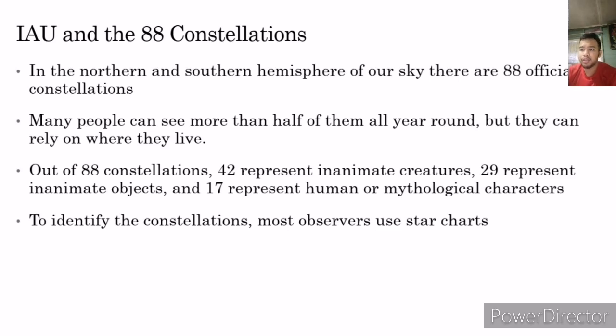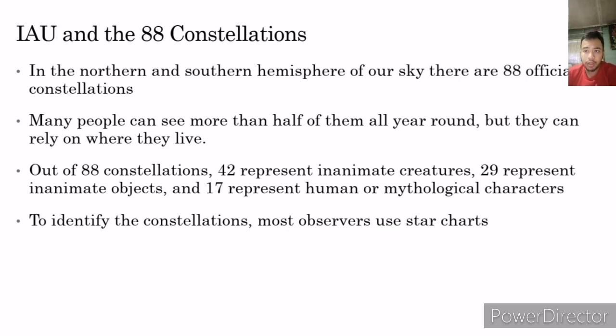For example, we in Malaysia cannot see all the 88 constellations. We can only see about 17 constellations. If we want to see more, we have to move to another place.